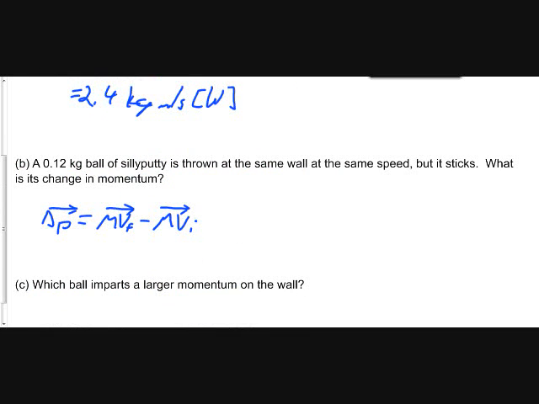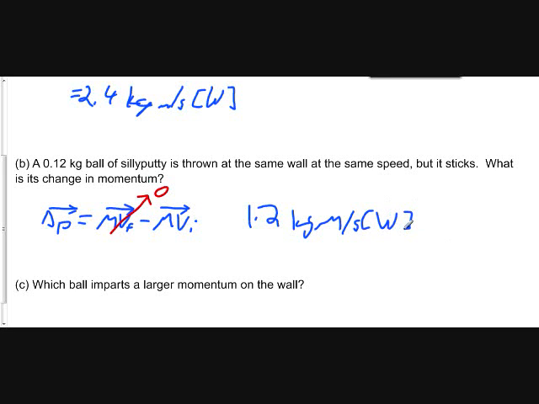So our final momentum is 0, and so the change of momentum is just the negative of the initial momentum. What I'm getting for this one, and again, you can verify it, is half of the first case: 1.2 kilogram meters per second west. Wow, that's terrible handwriting.